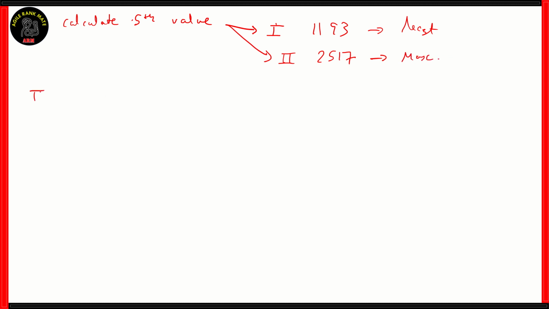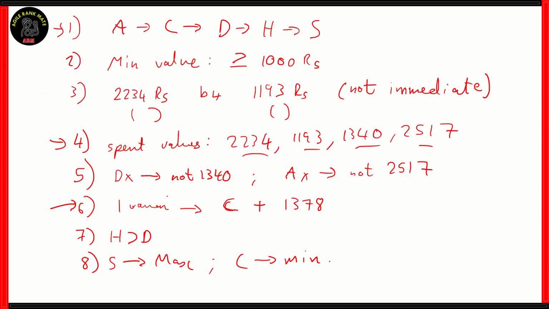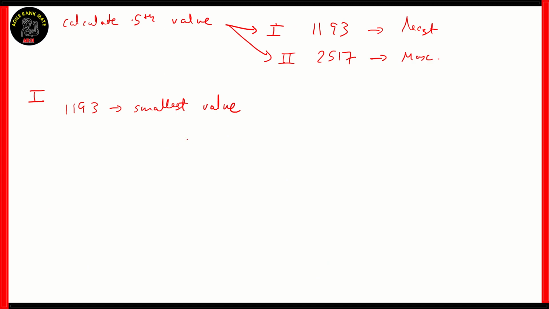Now, if we look at possibility number 1, we know that 1193 is the smallest value. This is what we have assumed. Now, from clue number 8, we know that Chelama, or C, has to have the minimum value. She spent the least amount of money. So if 1193 is the smallest value, then it's also ascribed to C. This is according to clue number 8.